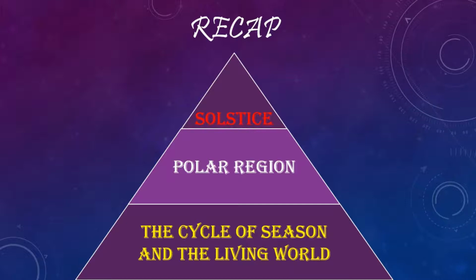Then we discussed polar regions, which are the Arctic Circle and Antarctic Circle. At the North Pole, that is the Arctic Circle, the sun is visible in the sky from 22nd March to 23rd September for 6 months. At the South Pole, that is the Antarctic Circle, the sun is not visible in the sky from 22nd March to 23rd September, that is for 6 months.